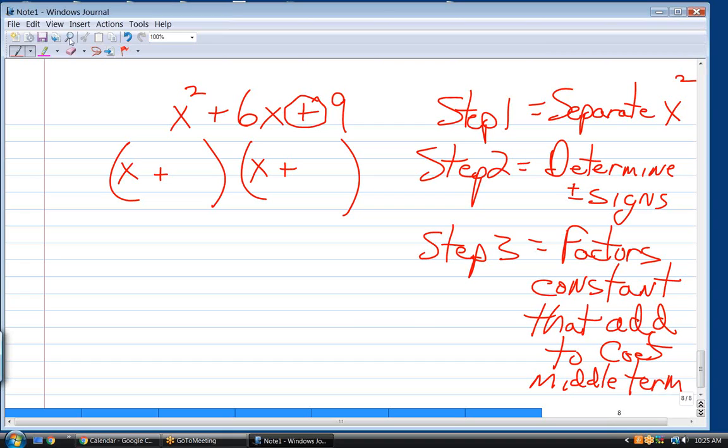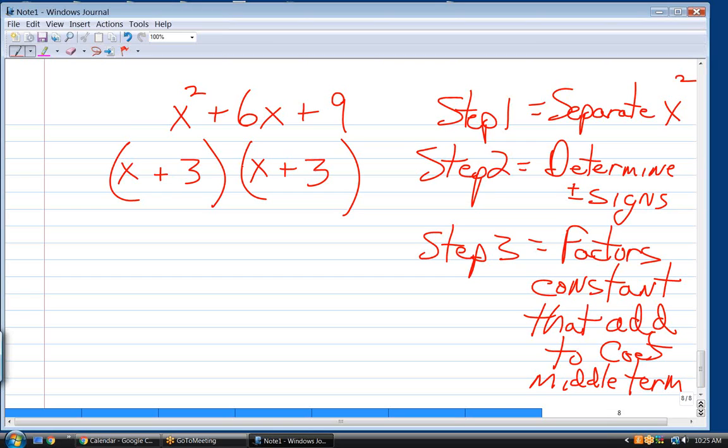So I'm looking for factors of 9 that add to 6. What is that? 3. 3 there and 3 there. And so that's what we've done, we've separated that into these two.